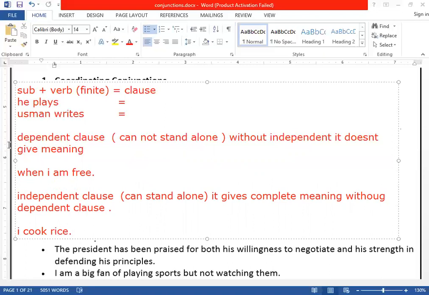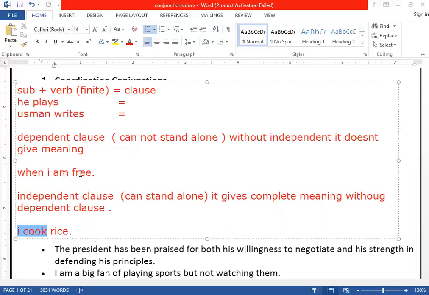Now look at the first one, when I'm free. Can you see, I is the subject, and am is the verb. So I can say it is a clause, number one, clear? And number two, I cook. I is the subject, cook is the verb. Again, it's a clause. Both of them are clauses.